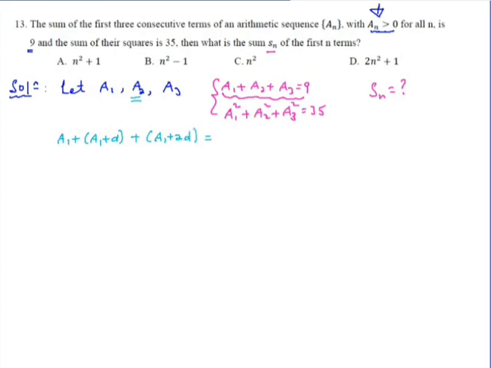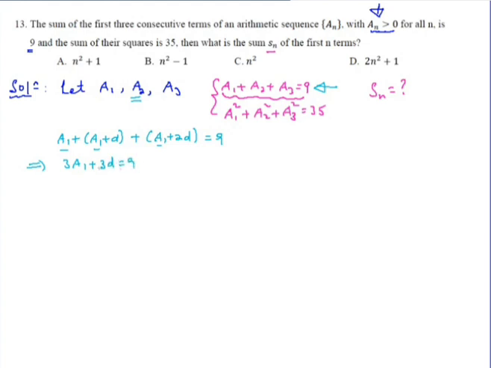So this equals 9. This can be written as, collecting like terms, 3 times A1 plus 3 times D is equal to 9.